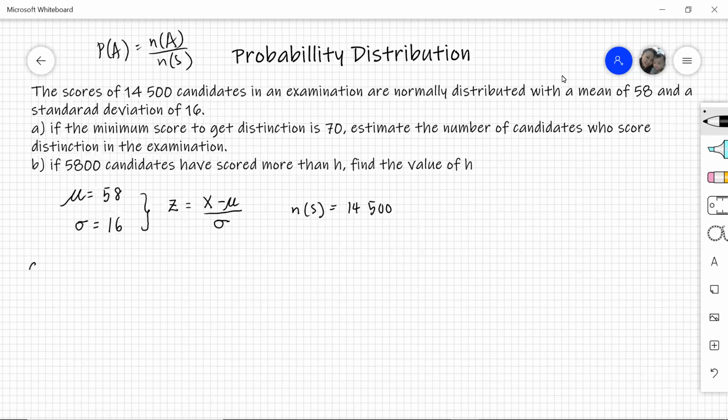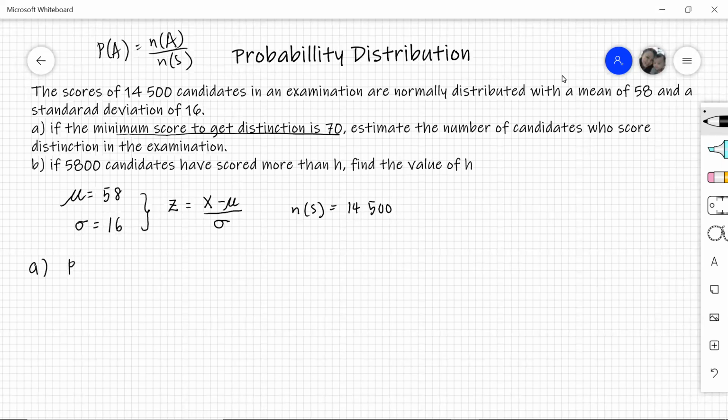Over here, the first question: if the minimum score to get distinction is 70, we need to estimate the number of candidates who score distinction in the examination. So we need to find out the probability of this sample to get distinction.